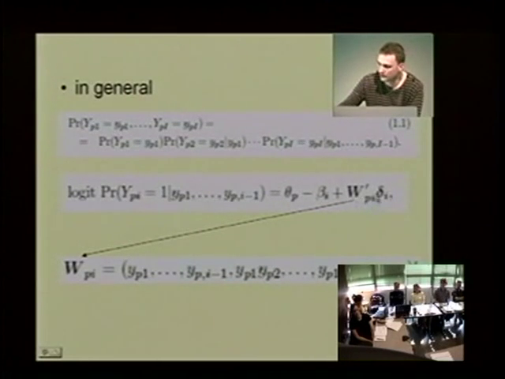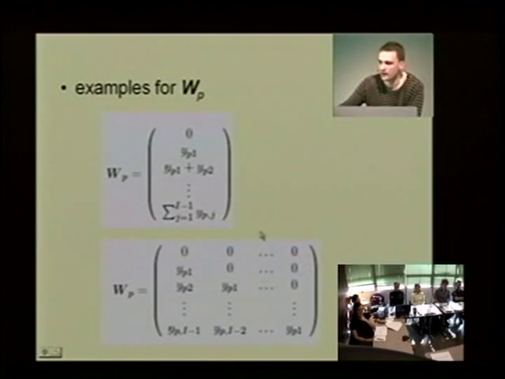And you have then this predictor or design matrix W, which contains the responses to all the previous items and also products of responses. And that can be used to model the association. And here are examples of this W matrix. So you can condition on the sum score of the previous responses.